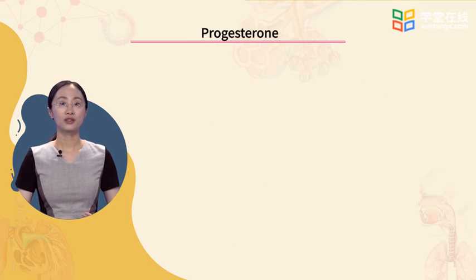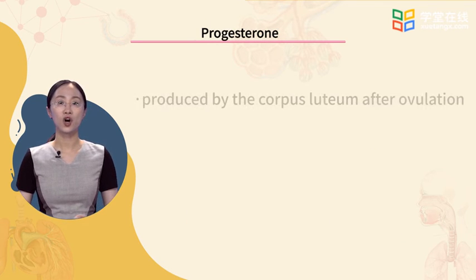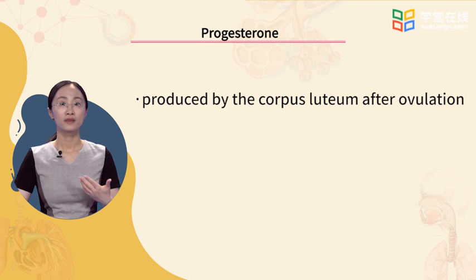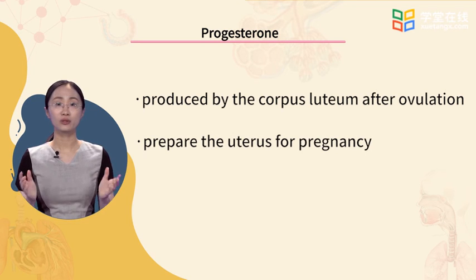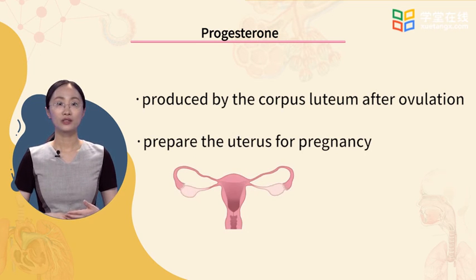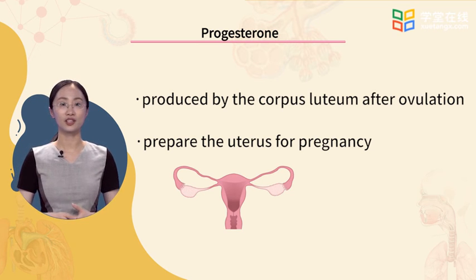Progesterone is mainly produced by the corpus luteum following ovulation, as we mentioned previously. The major function of progesterone is to prepare the uterus for pregnancy. It inhibits irritability of uterine muscle, thus facilitating embryo implantation.